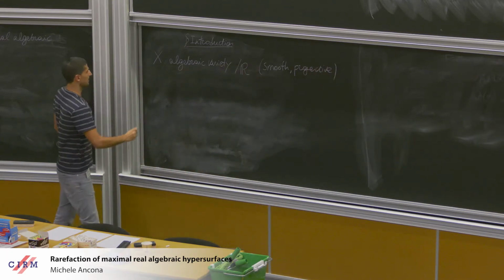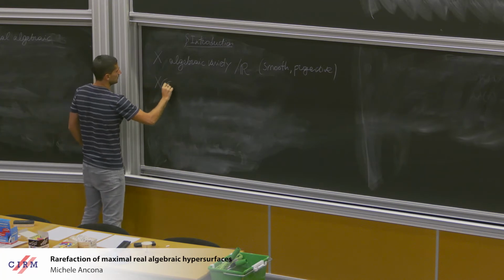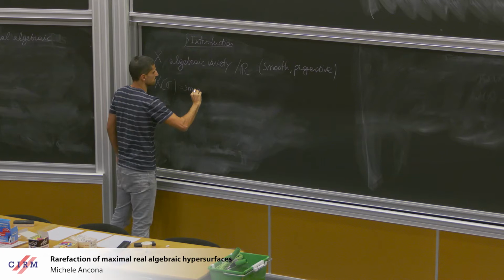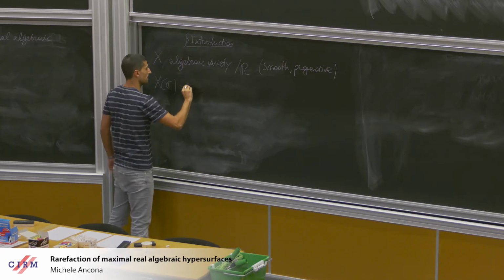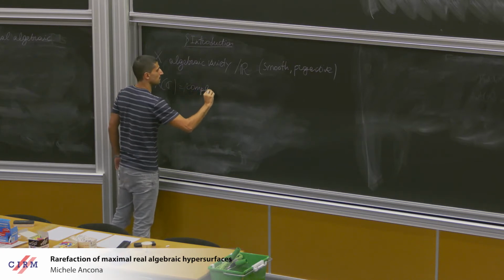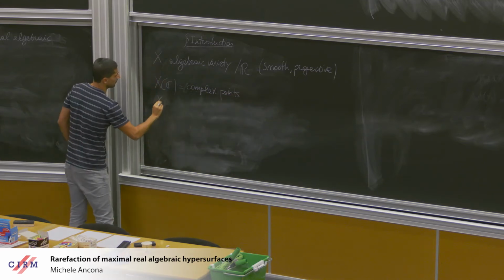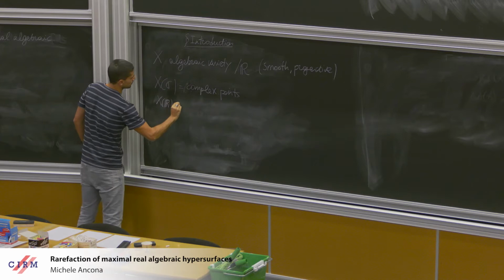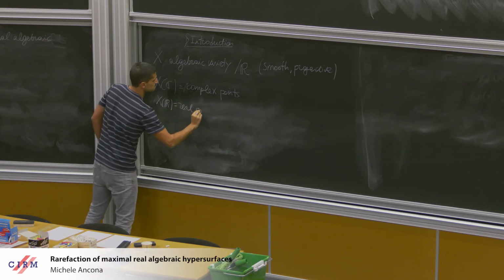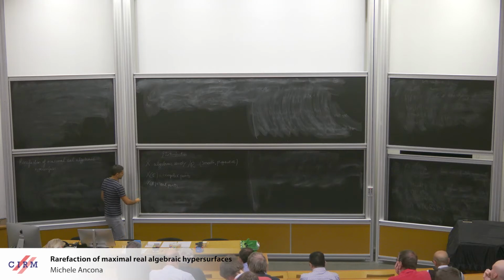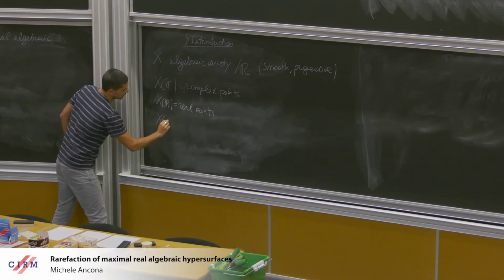Now we denote by X of C the set of complex points of X, and by X of R the real points. And I will always assume that the set of real points of X is non-empty.